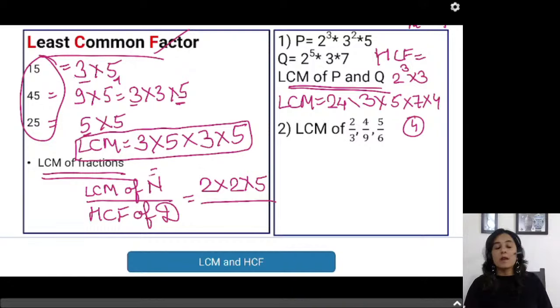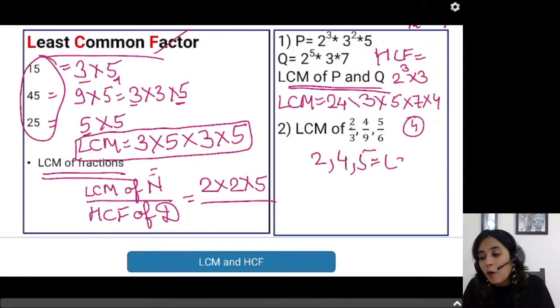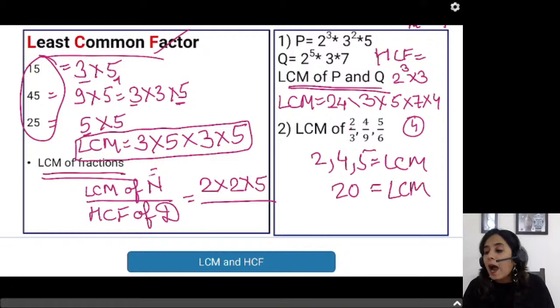So the LCM is 20. I am taking LCM of the numerator. So just consider these numbers 2, 4 and 5, and the LCM of these three numbers is 20. And the HCF of 3, 9 and 6, the common divisor is 3. So the correct answer here is 20 by 3.